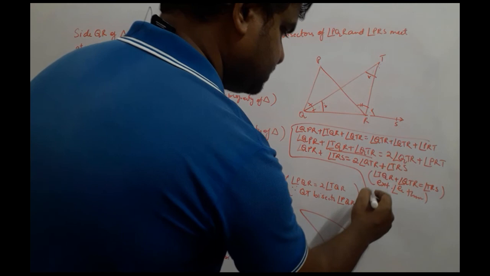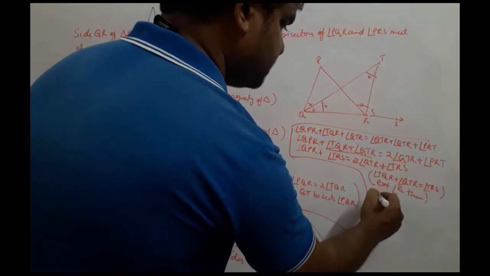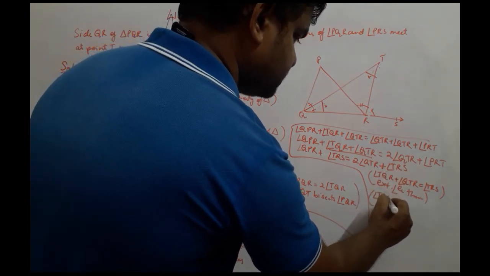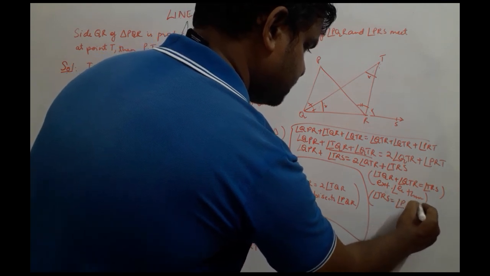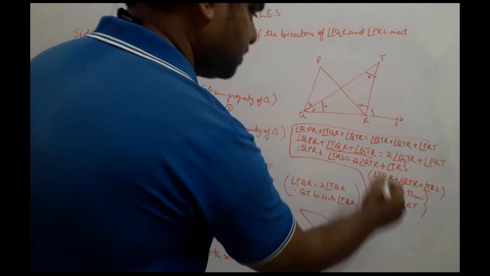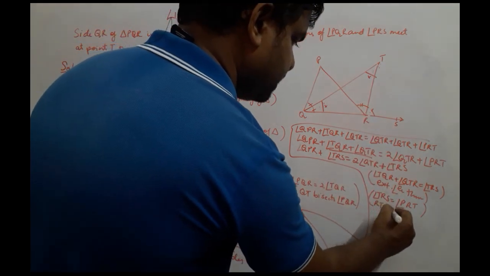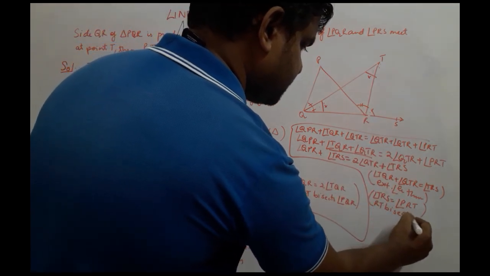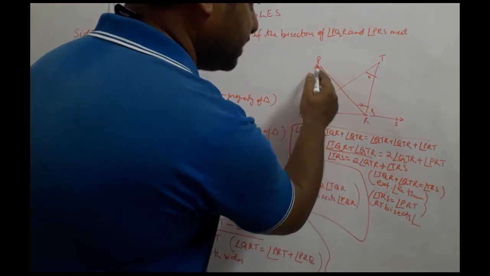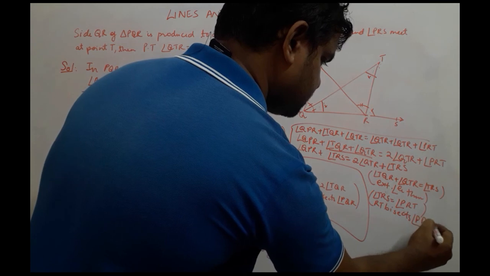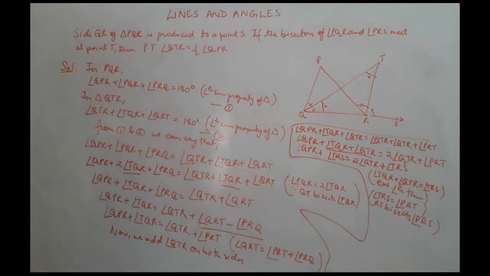For the second reason, we say that angle TRS is equal to angle PRT. Why? Because RT bisects angle PRS. Got it?